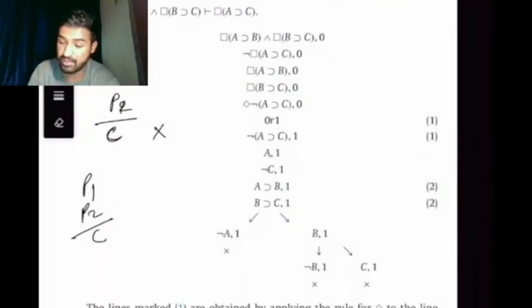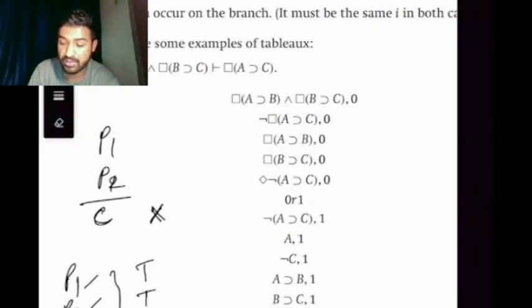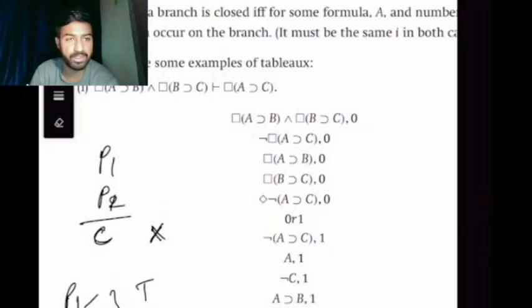The argument would be invalid if the premises are true and the conclusion is false. So we assumed that the conclusion is false and then made truth tables and looked for contradictions. If we found a contradiction, that meant that our assumption was wrong and the argument is valid. If we did not find any contradiction, that meant that our assumption was right and the argument is indeed invalid.